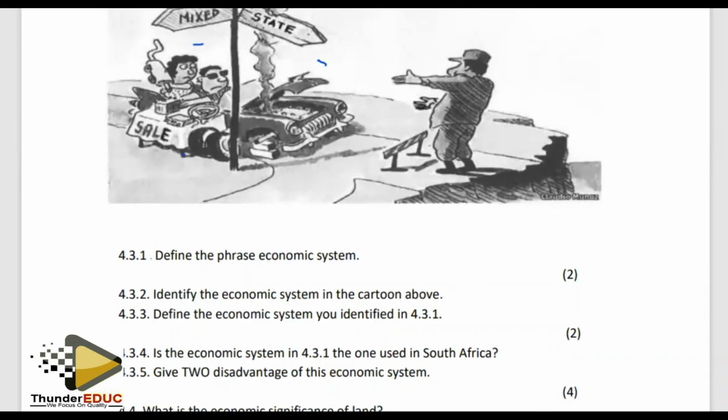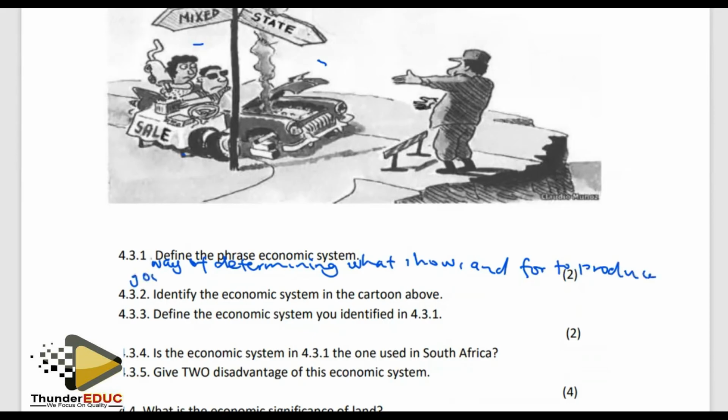Find the phrase economic system. An economic system is the way of answering the basic economic questions. That is, ways of determining what to produce, how, and for whom to produce goods and services.